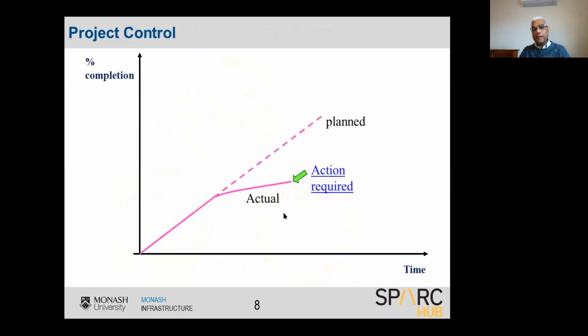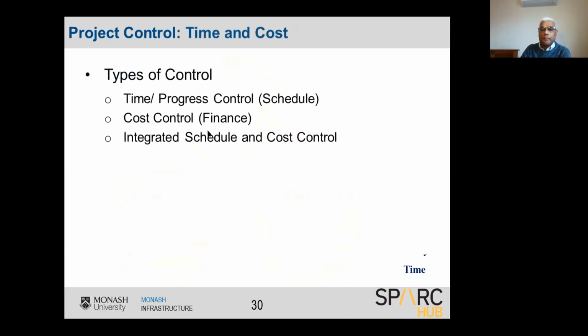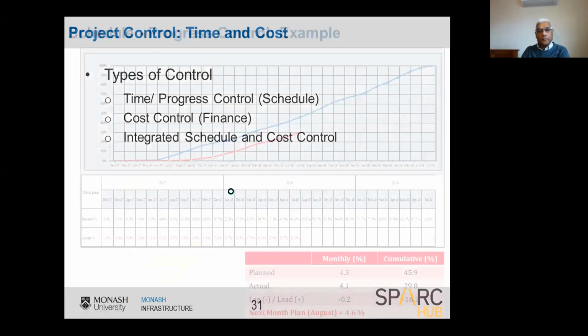Otherwise, if you stay here, it's actually project monitoring. So we'll discuss what the control measures mean then. So the control measures are time and progress control, cost control, and the integrated schedule and cost control. So I will go one by one under these headings.